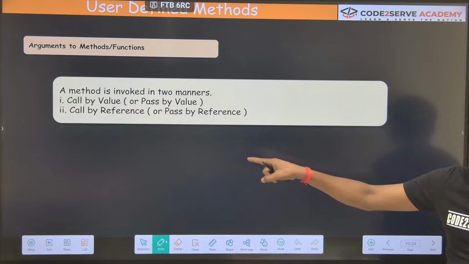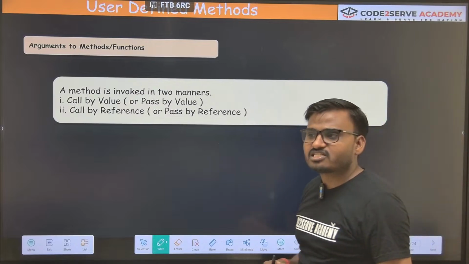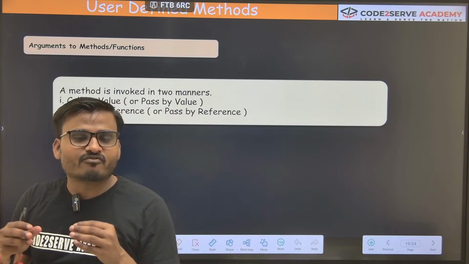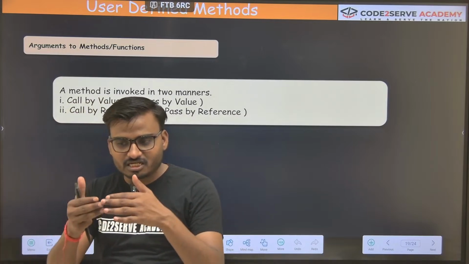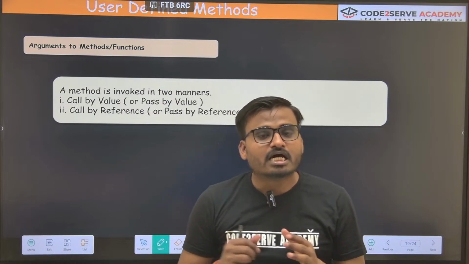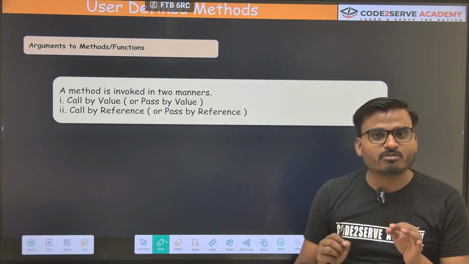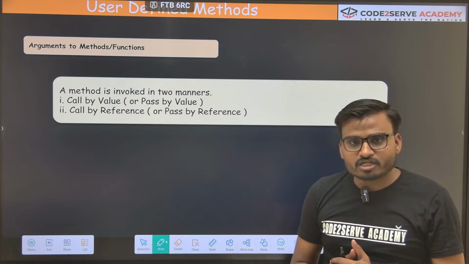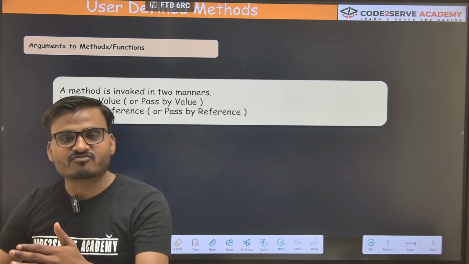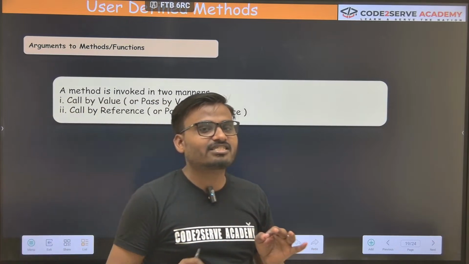Now for call by reference, suppose tomorrow you and your friend are both writing a note in a single document. Suppose your task is given to both of you and you need to write in the same copy. You need to write the first 5 lines, he needs to write the next 5 lines, in the same copy.